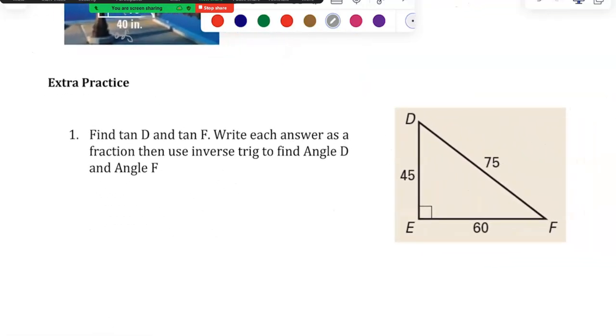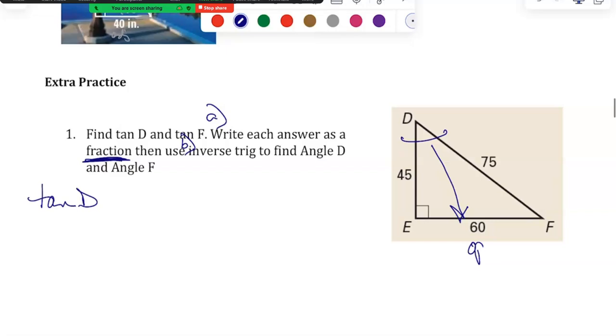It says find the tan of D and the tan of F. Write each answer as a fraction, and then using inverse trig, find the angle. This is the second thing. From angle D's perspective, the tan of D is opposite over adjacent.